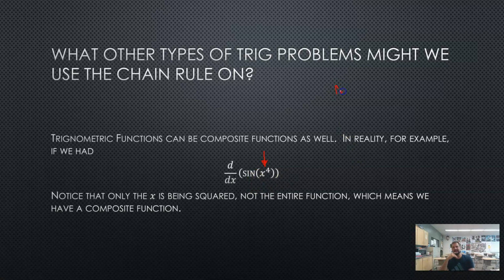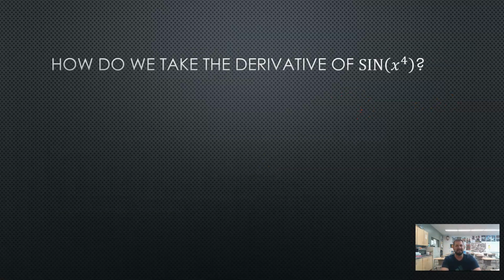Originally, we had the sine of x as our original function. And then we had a second function that was x to the fourth. And I took x to the fourth and replaced that x in the sine of x with x to the fourth. So in this composite function, the sine function is the outside function. It's like our f of x, if you will.